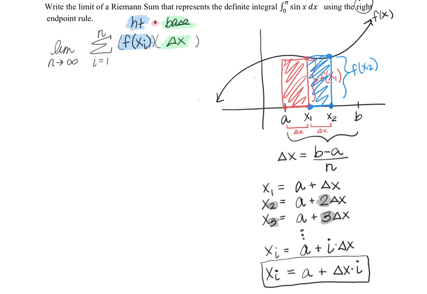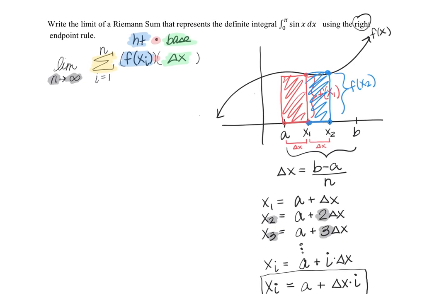I'm multiplying the base times the height because I'm computing the area of all of my rectangles. I'm using summation notation because I'm summing up all of those areas. And finally, I'm letting the number of rectangles approach infinity and taking the limit so I can get the actual exact area under the curve. This is called a limit of a Riemann sum. So there's the background. Now let's dig into the actual values in this problem.